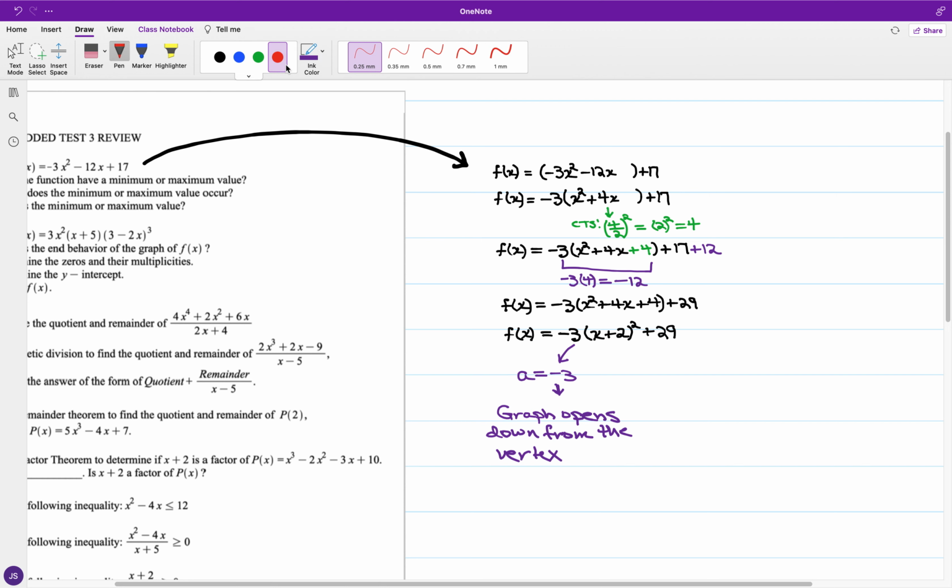Since the graph is opening down from the vertex, the vertex is going to be the high point, and the vertex will be regarded as the maximum.